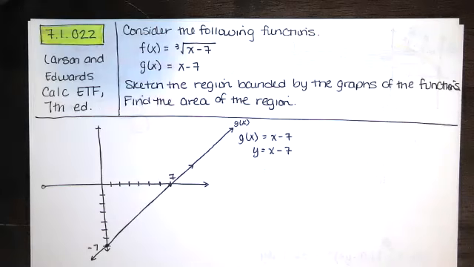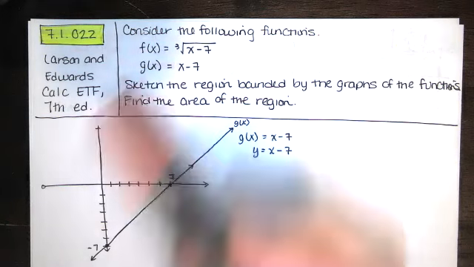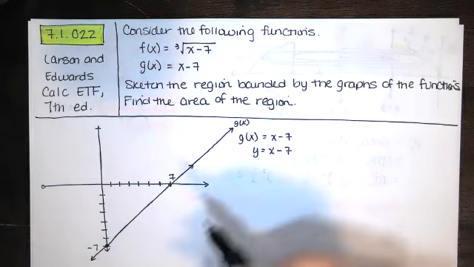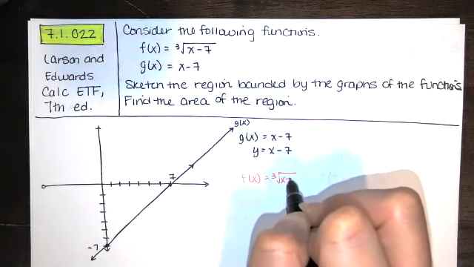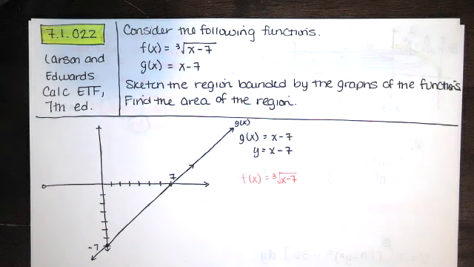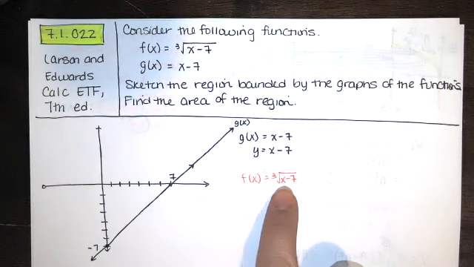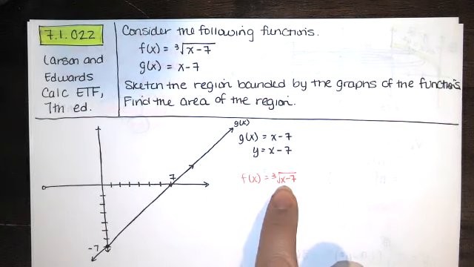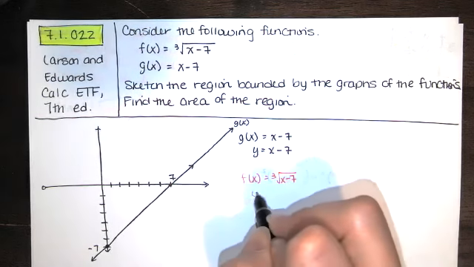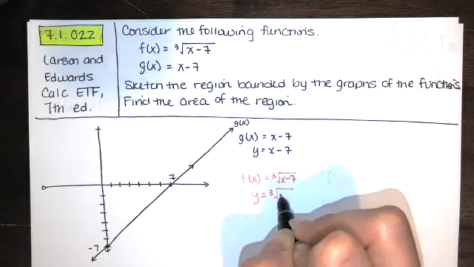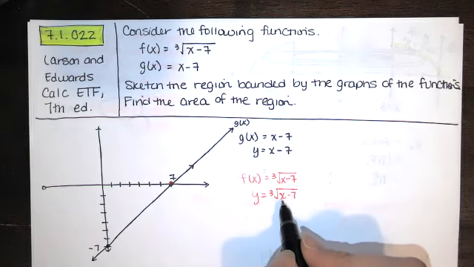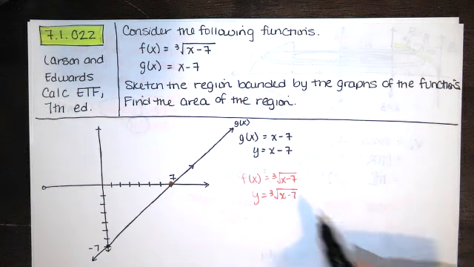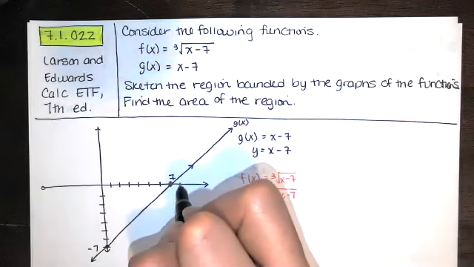Now for our other function, we have this f of x. f is the cube root of x minus 7. So when x equals 7, f of x is equal to 0. You can also think of this as y equals the cube root of x minus 7. And when x equals 8, y is the cube root of 8 minus 7. The cube root of 1 is 1.